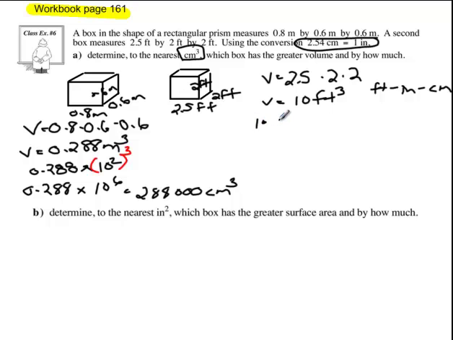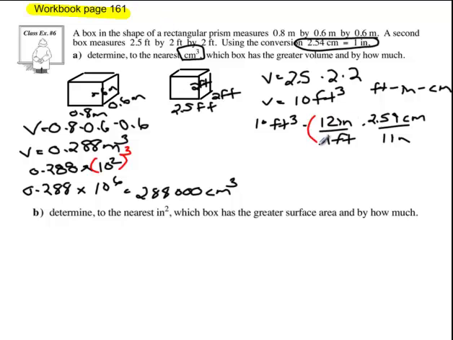So I took my 10 feet cubed, and I first converted that to inches by saying 12 inches is the same as 1 foot. And then I converted it to centimeters by saying 2.54 centimeters is 1 inch. So it's a two-step conversion.